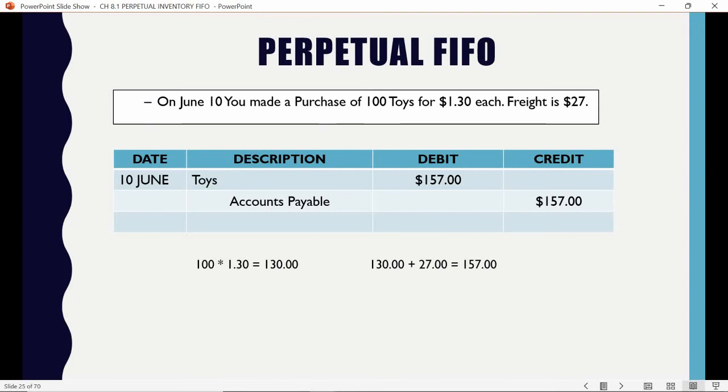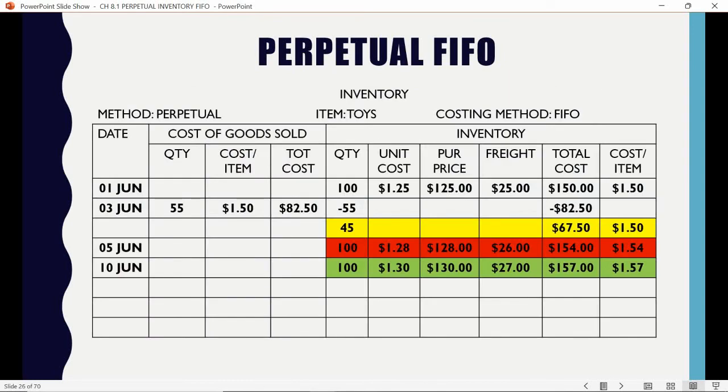But then on June 10, I end up making another purchase of 100 toys for $1.30 each with a freight of 27. So pop it in there once again. $1.30 gives you 130 plus 27 gives me 157. 157 divided by 100 gives me $1.57.